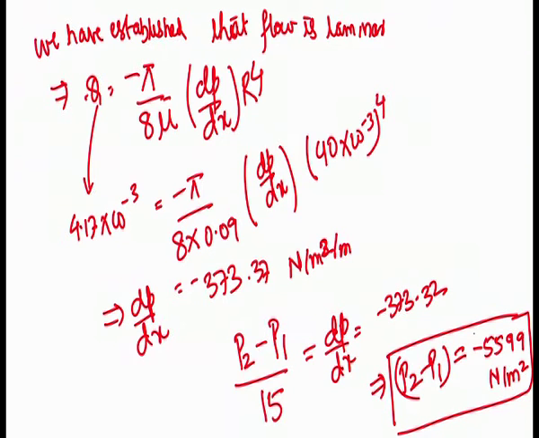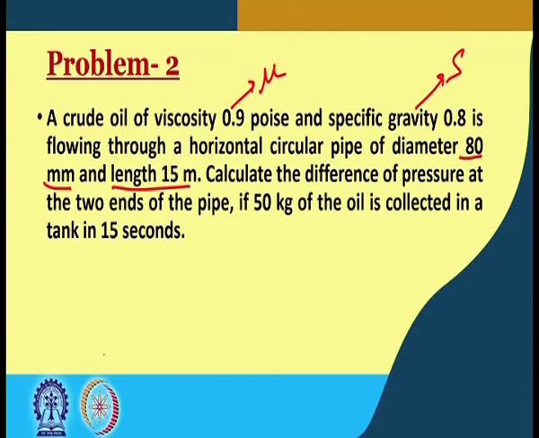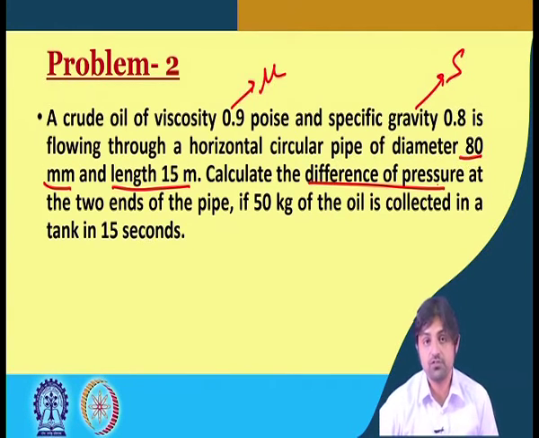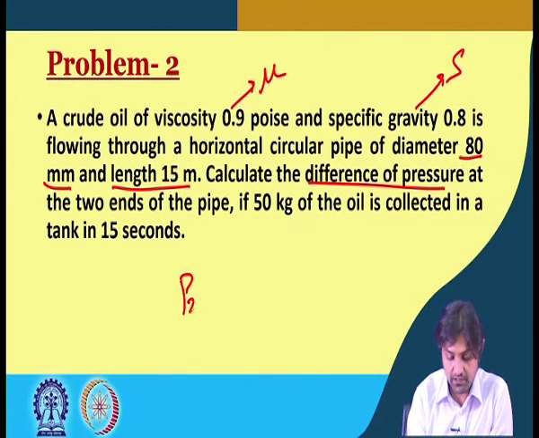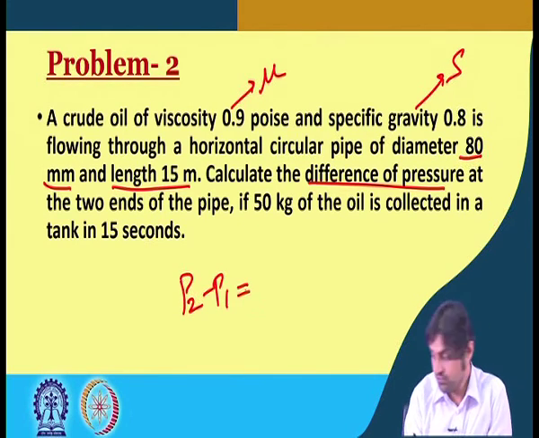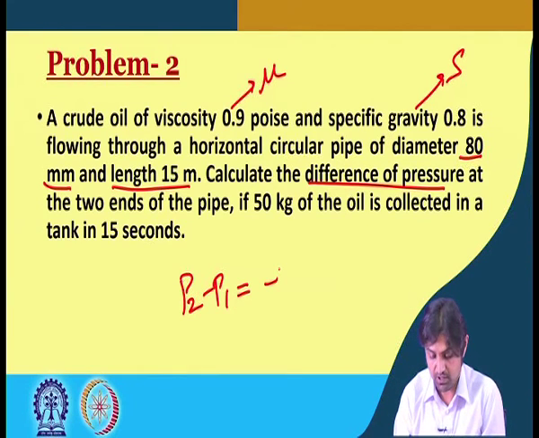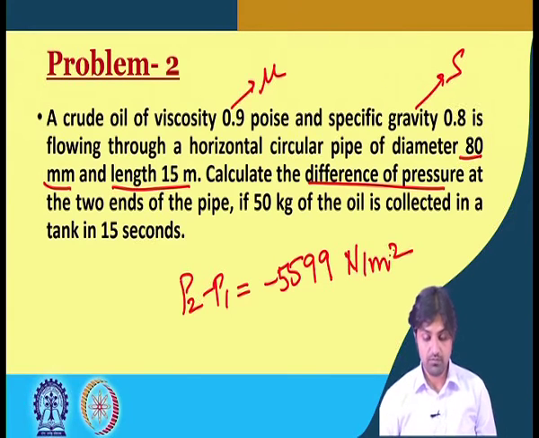So, this is the final calculation. This was the difference of pressure, P2 minus P1, which came out to be minus 5599 Newton per meter square.